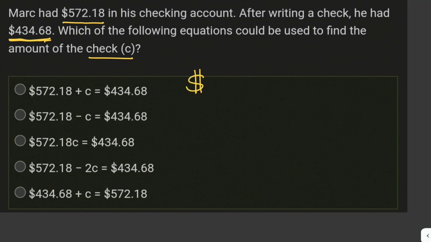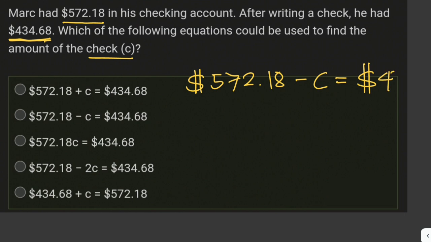So that would be $572.18 minus the amount of the check, and that would give us the balance in his checking account, which is $434.68. So the answer is this.